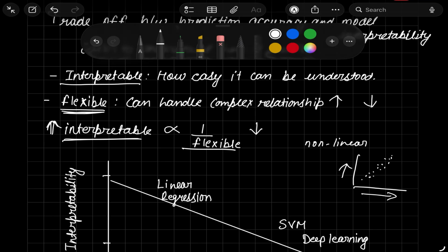So if the relationship between the predictor and response is non-linear, it is complex. And if the model is complex, we use flexibility. If the flexibility in the model increases, interpretability decreases.